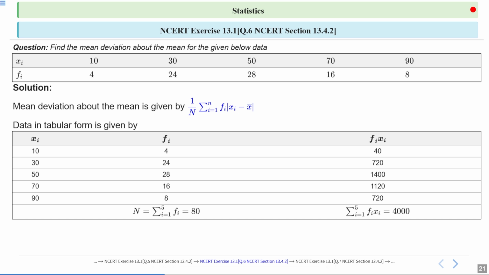Then we find f_i times x_i: they are 40, 720, 1400, 1120 and 720. At last we add up all the frequencies f_i, and we get n equal to summation i equal to 1 to 5 of f_i equal to 80, and we add up all the f_i x_i from i equal to 1 to 5, that is 4000.